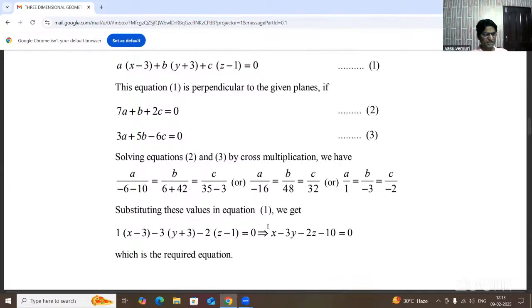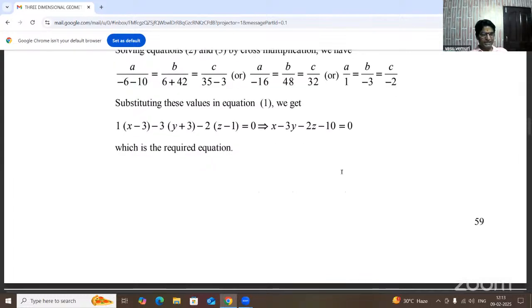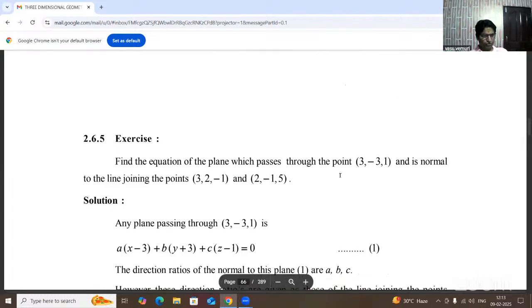After simplification, x minus 3, minus 3y minus 9, minus 2z plus 2. After simplification, x minus 3y minus 2z minus 10 equal to 0.